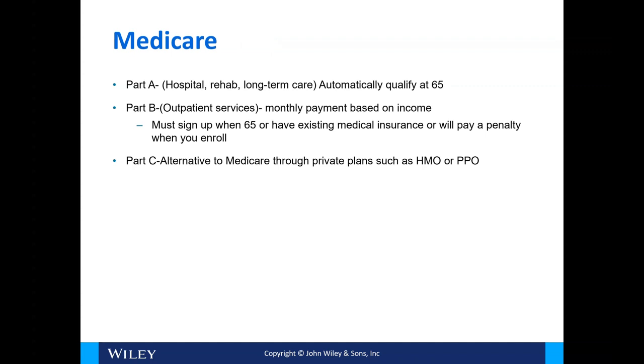But Medicare, again, you automatically qualify at 65 for Part A. Part B, you have to pay a monthly fee if you want Part B. Part B is for doctors, doctor visits, things like that. You can turn it to the Medicare and get a private plan, but that's a decision you'll have to make when you get to be 65.